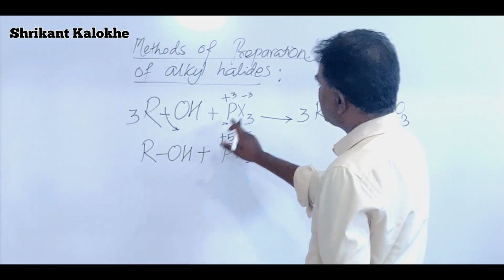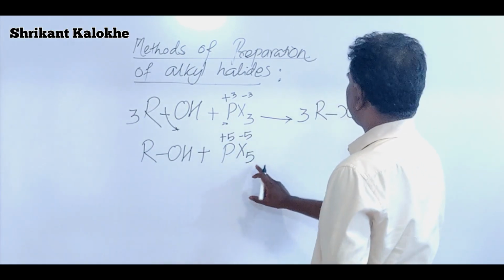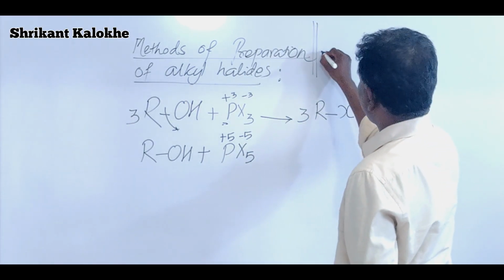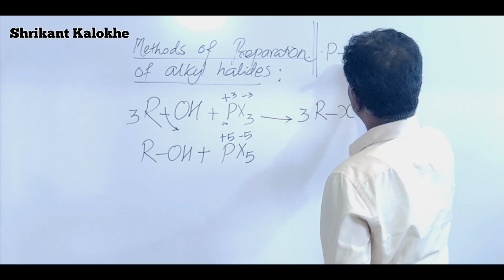Here these phosphorus trihalides and phosphorus pentahalides could also be prepared in situ by taking red phosphorus plus X2.